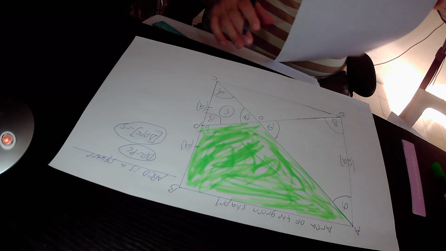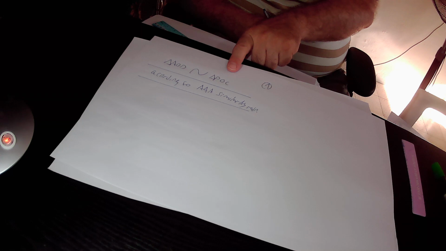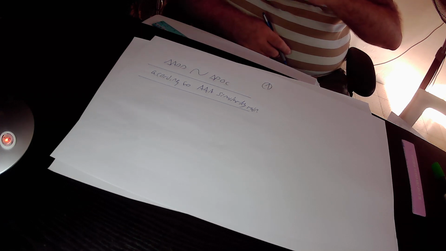So, repeating again, we found that the big triangle AOD is similar to the small triangle POC according to the angle similarity rule.